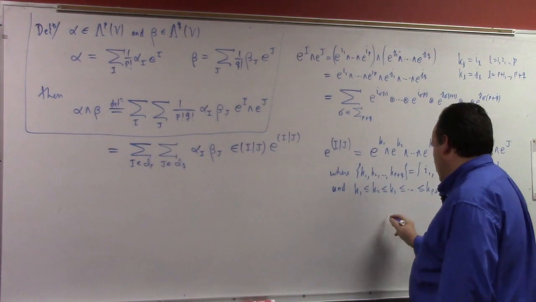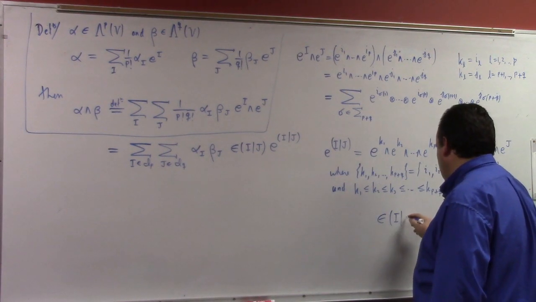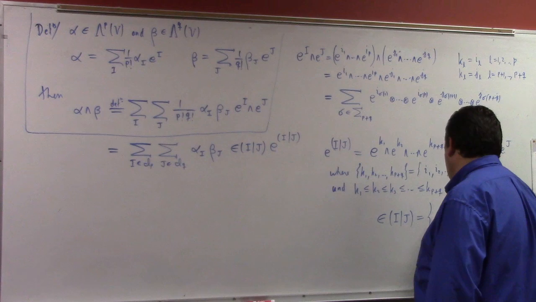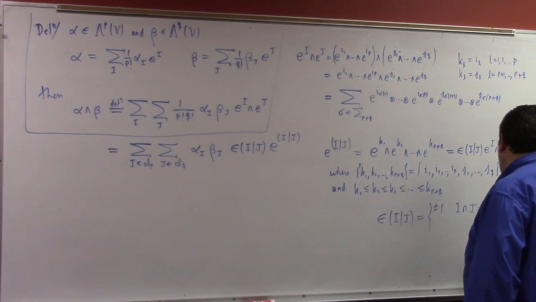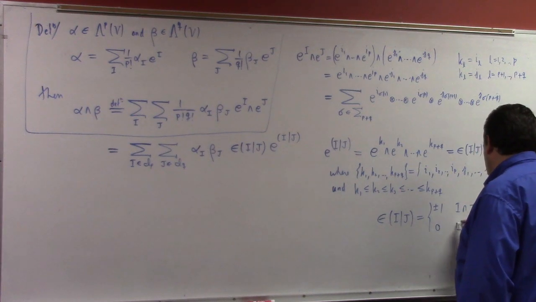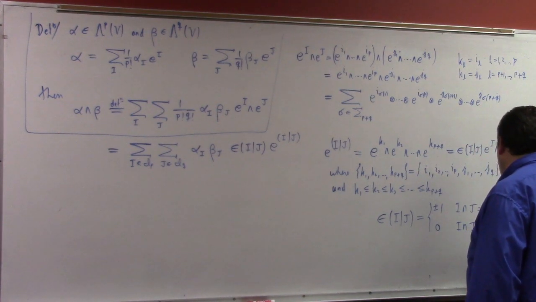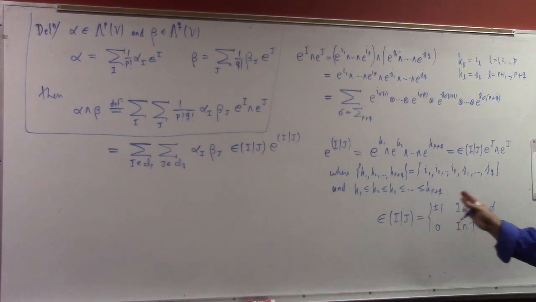And what that means is that epsilon_{IJ} is equal to plus or minus 1 if I intersect J is empty, and it's equal to 0 if I intersect J is non-empty. If there's any repeated index between those, it's 0. Yes, that is the definition of the wedge product of p-forms.